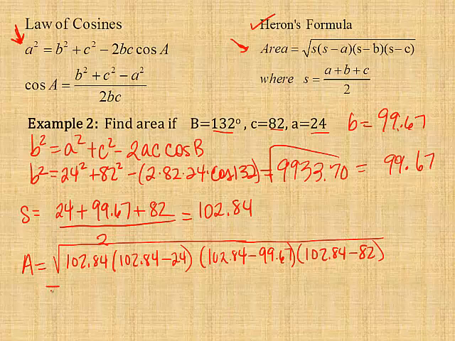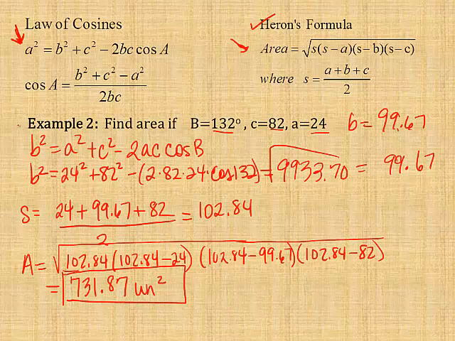Let the calculator do the thinking for you. And I get an area of 731.87. In this case, there's no units given, so I would just say units squared. That's how you find the area.